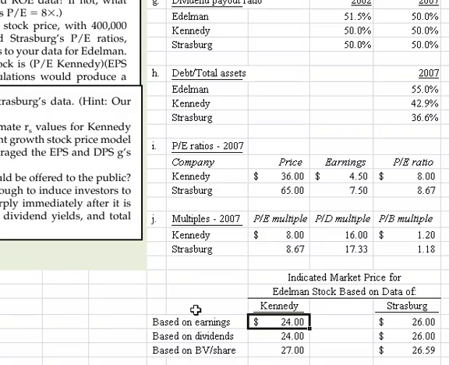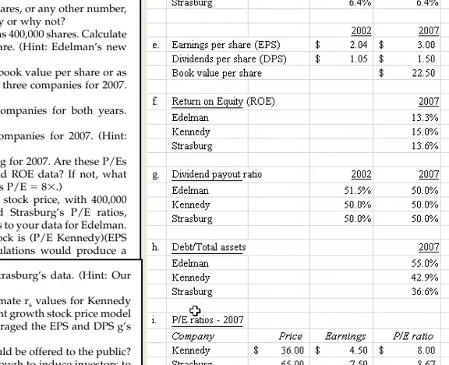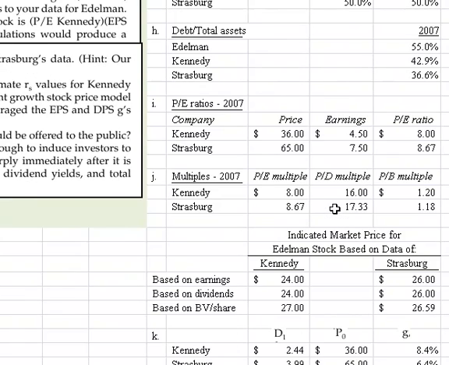Well, what is our N47? If we're using PE multiples, it's got to be earnings, right? So if we go up to N47, that's right there, and we get Edelman's earnings per share. Now we'll also use the $1.50 and 22 in the later calculations.